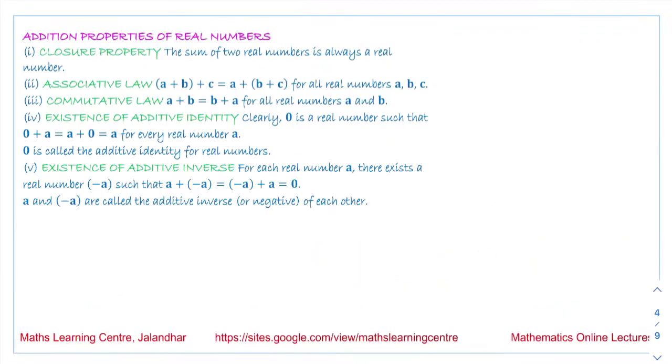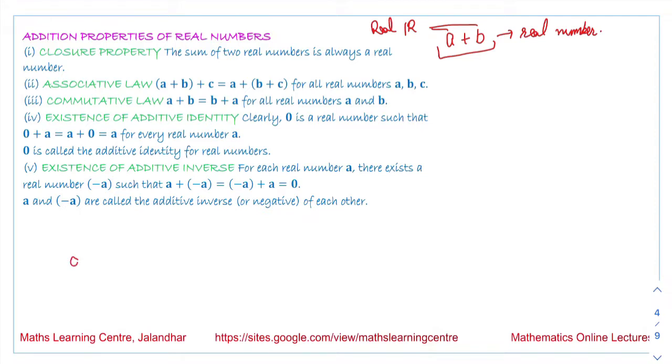Next, if we talk about the addition properties of real numbers, the first property we have is the closure property. Closure property means that if two real numbers a and b are given, and we add them, the result is real. Real numbers are generally represented with R. So if a and b are real numbers, then a plus b is also a real number.